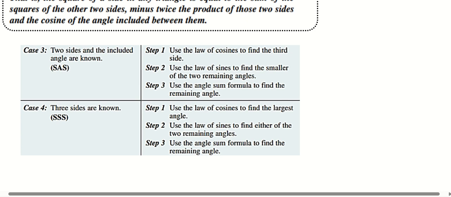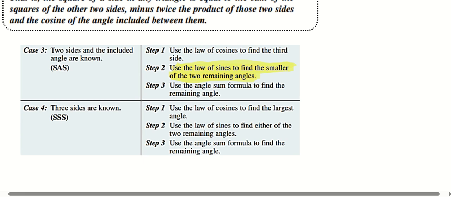What is important here is that you want to use the law of sines to find the smaller of the two angles. And then you're going to use the sum formula to find the remaining angle. Okay, so this is really important. Find the smaller of the two remaining angles first after you do law of cosines.